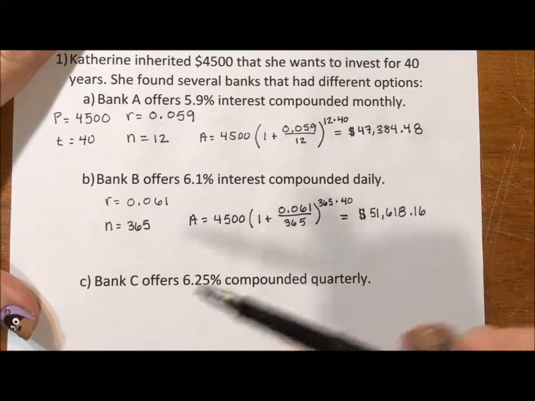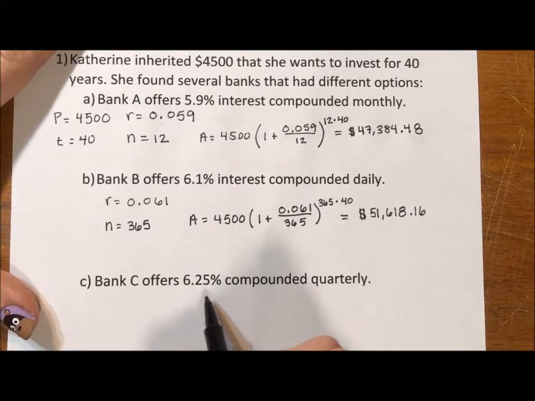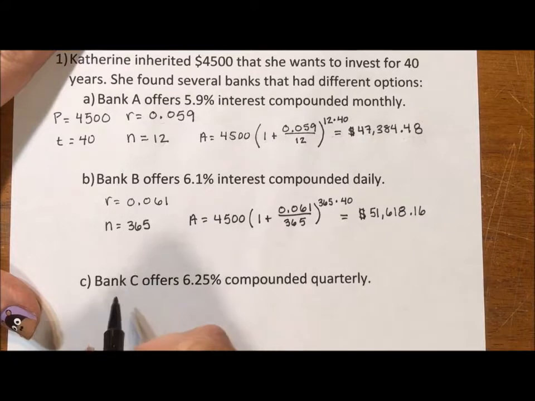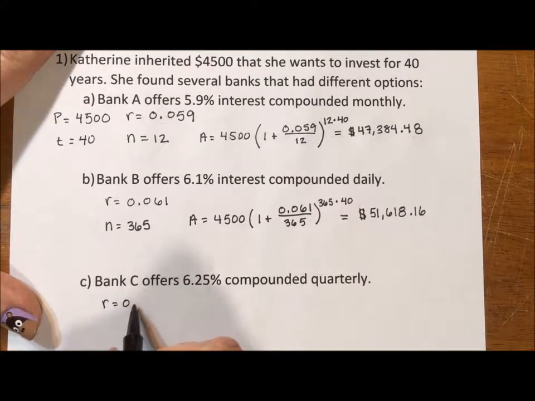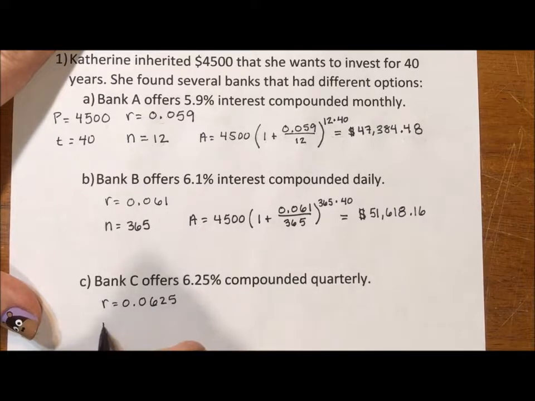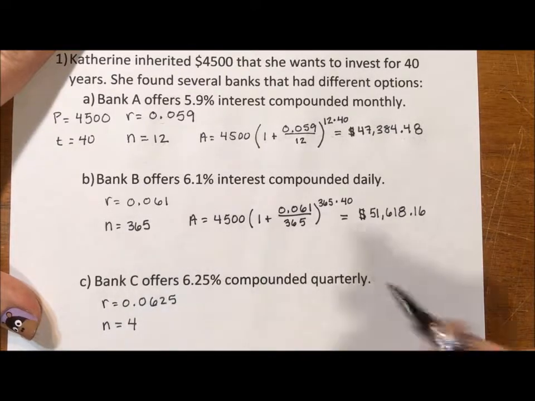All right, for this last one, it says Bank C offers 6.25%, that's the biggest, compounded quarterly, that's the smallest. So now R is going to equal 0.0625, and N is going to be 4. Quarterly means 4 times a year. Our P is still 4,500, our T is still 40. Those numbers aren't changing.